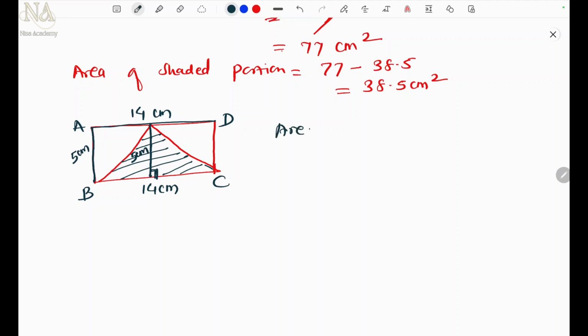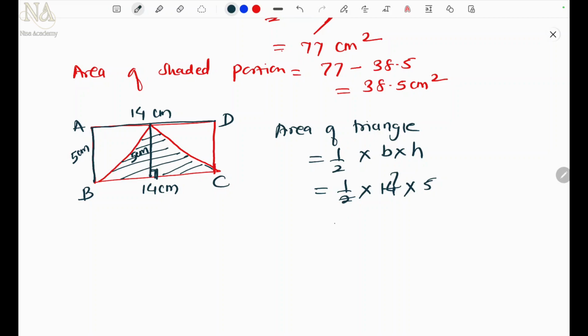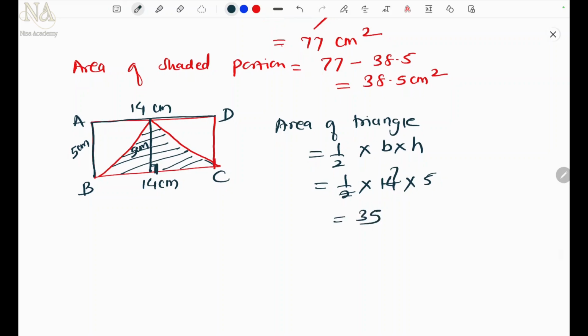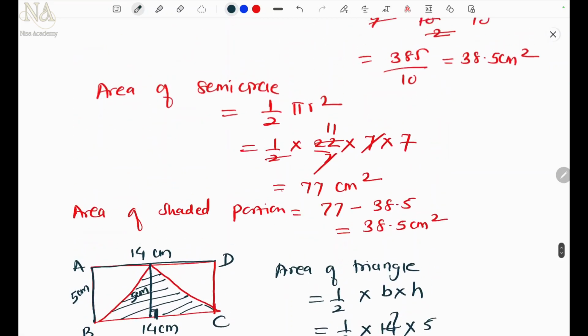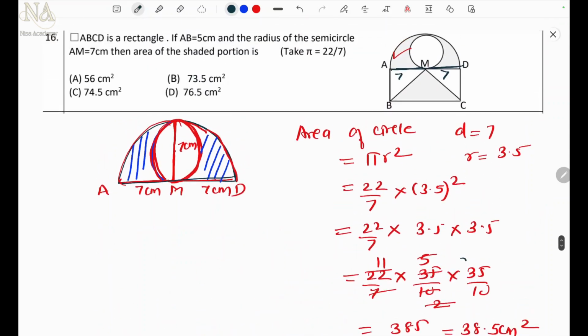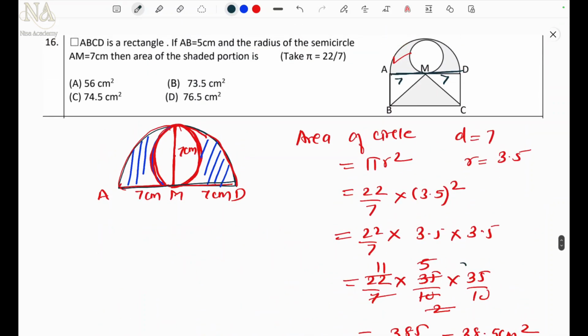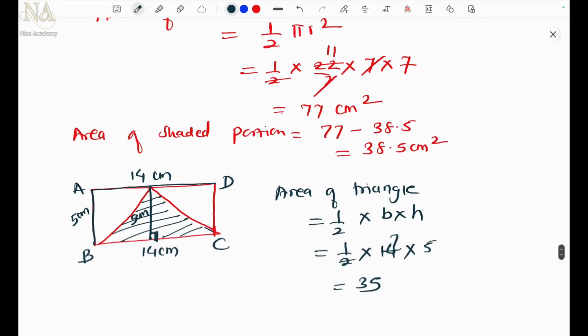So area of triangle equal to half into base into height. So half into base is what? 14. Height is 5. So 2 sevens are 35. Correct? So now we have to find the total shaded part, so I will just add those two.